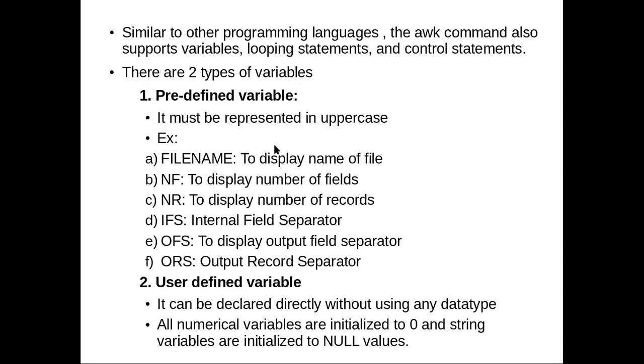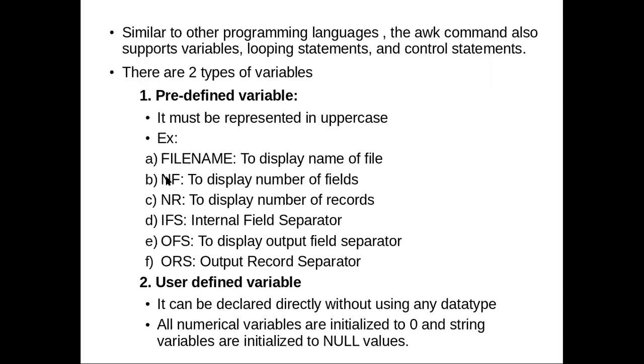Okay. So those predefined variables will always be represented in capital letters. Here I have mentioned a set of predefined variables. Those are FILENAME. If I use this variable, it will tell what is the name of your file. Then another predefined variable is NF. NF means how many fields are there in each record or each line of the file.